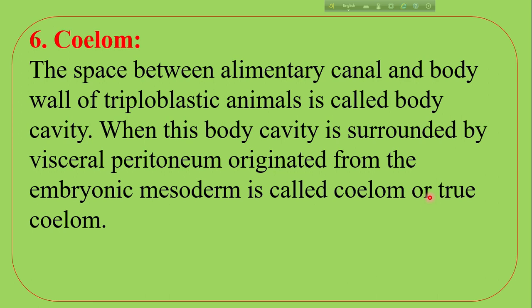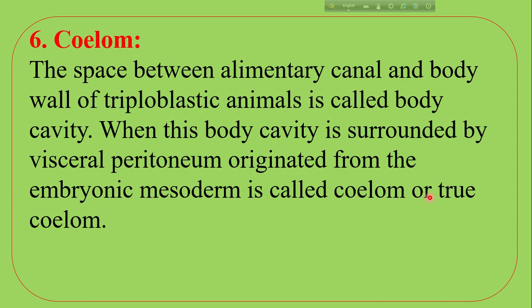When this body cavity is surrounded by visceral peritoneum originated from the embryonic mesoderm, it is called coelom or true coelom. That means coelom is one type of body cavity, but not all body cavities are coelom. Am I clear? Coelom is one type of body cavity, but not all body cavities are coelom.